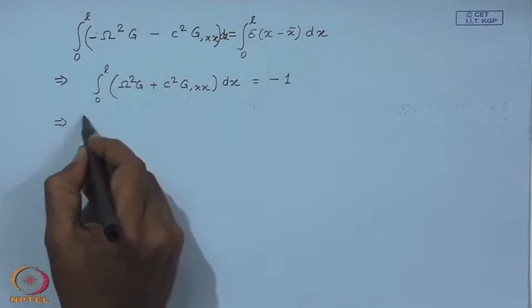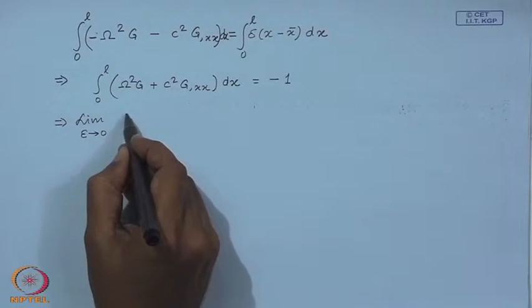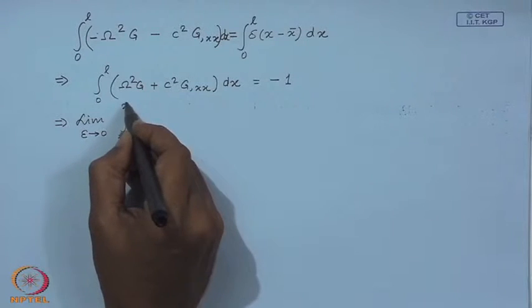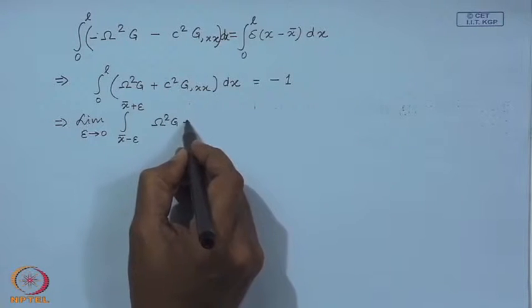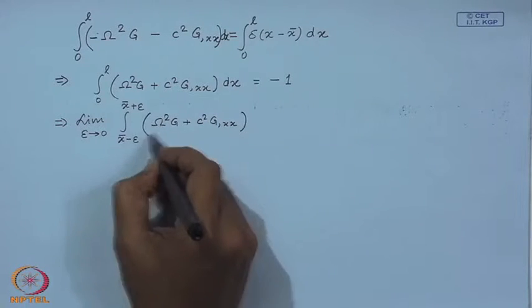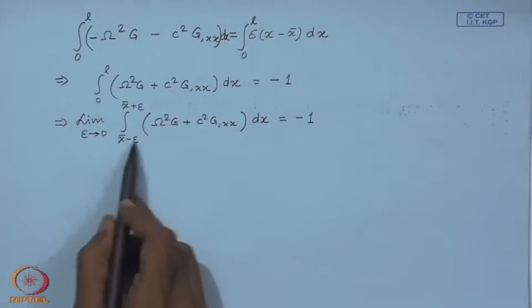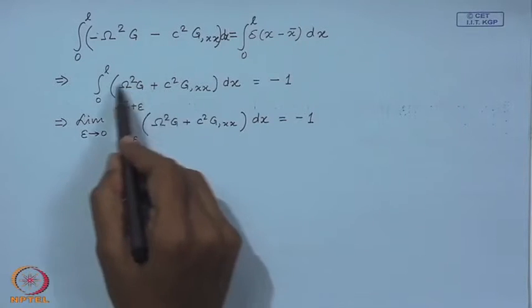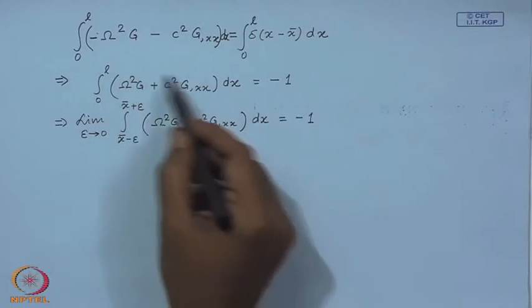So, we can write this as: from 0 to x bar minus epsilon, this integrand is 0, and from x bar plus epsilon to L, this integrand is again 0.